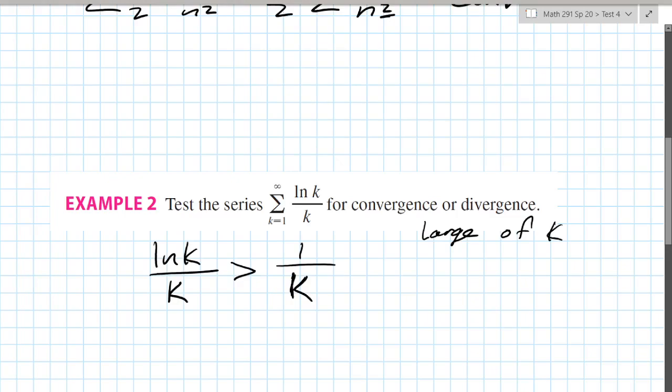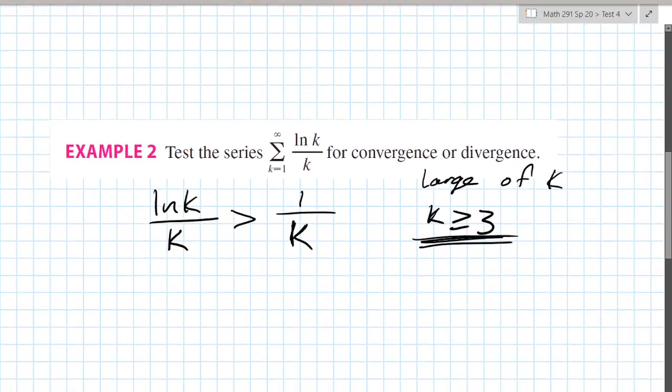When k is 1, we would actually have a 0 on the left-hand side of this inequality. So this is actually true when k is greater than or equal to 3. That's big enough, because once k is greater than or equal to 3, this inequality stays true.